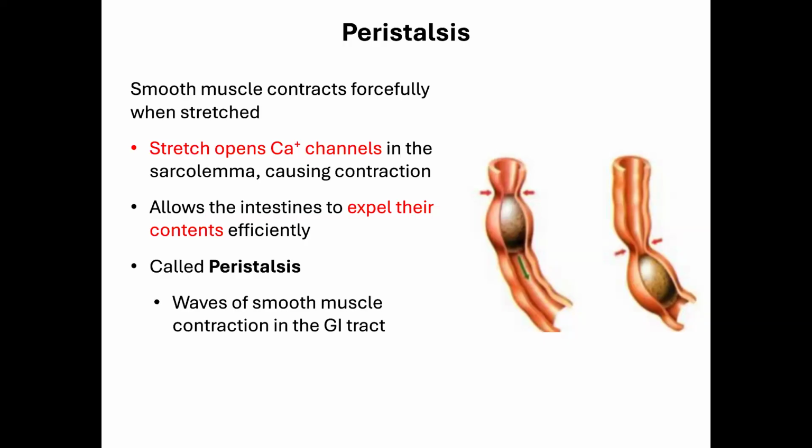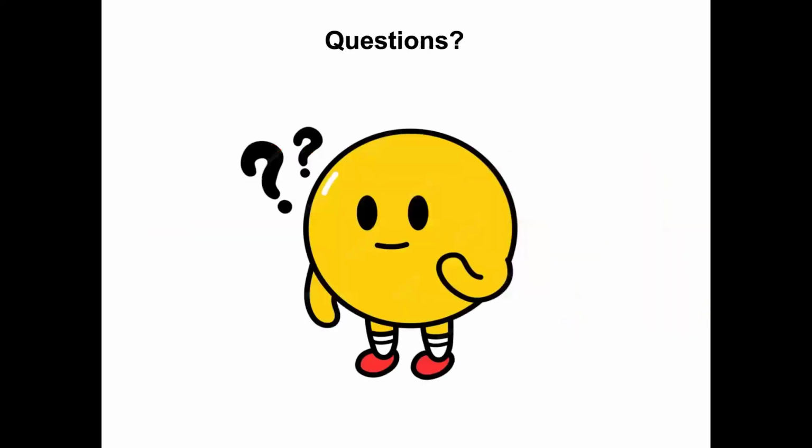That is how food moves through the digestive tract. This is called peristalsis, and it is a property of the digestive tract carried out by the smooth muscles. Food moves through the esophagus, the stomach, the small intestine, the large intestine, like that.